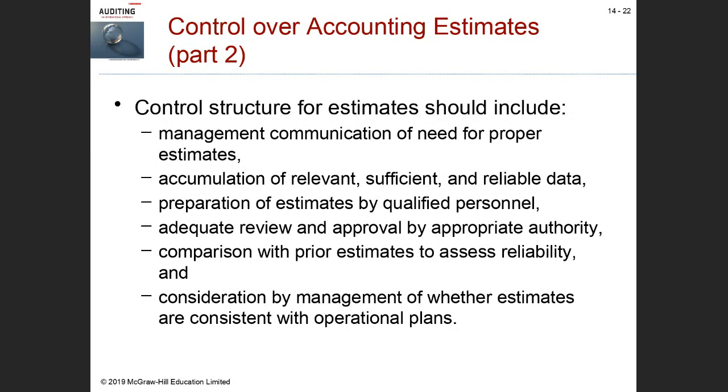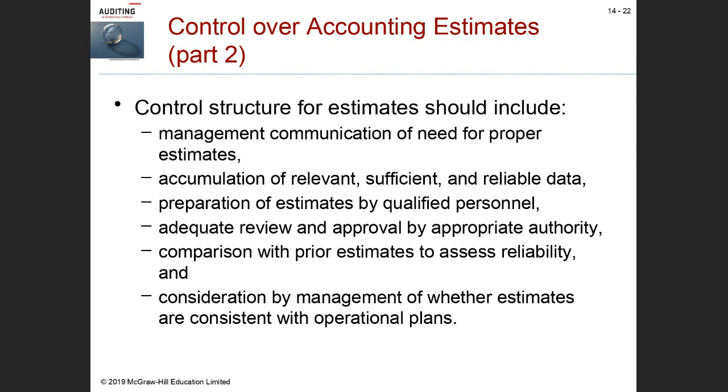Once the estimates are prepared, they should be properly reviewed by a senior person. Typically, it says appropriate authority. Normally, it would be the CFO who has to review the estimates, and you might also require a second approval, perhaps by the audit committee, perhaps by the CEO.